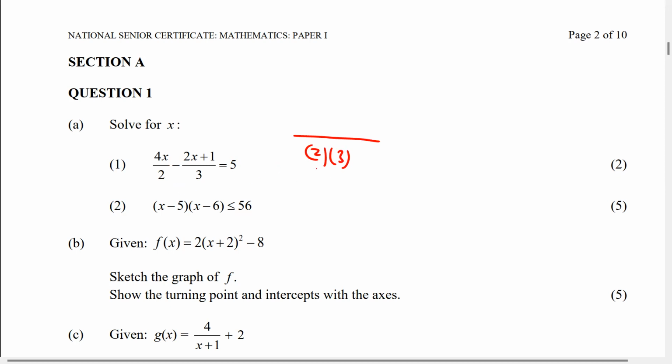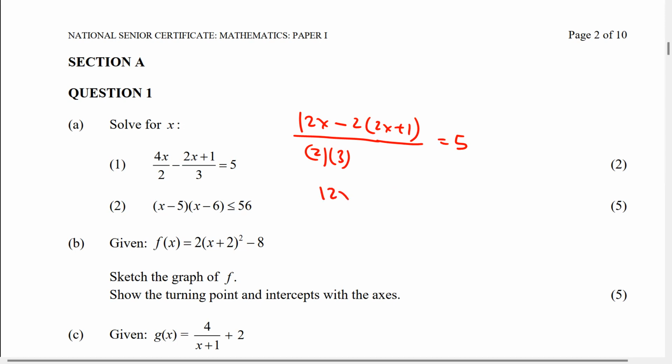The quickest way: you take this 2, divide by 2 first, and you get 3 times that, which is 12x. This one divided by 3 is 2, and that is equal to 5.